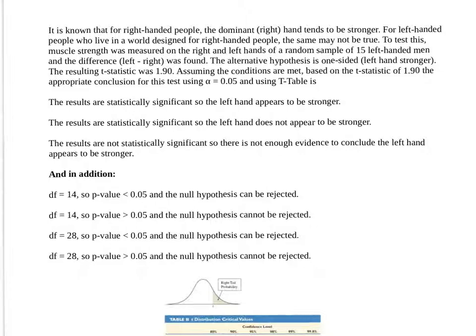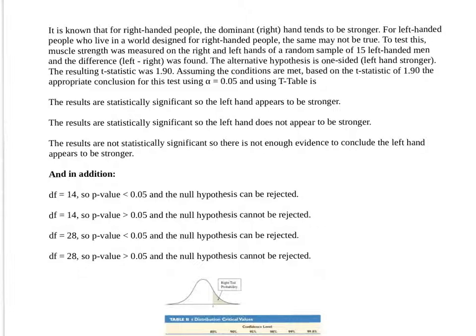Right? So, when we went to the table, using this here and this here, we found that the t-statistic we needed to surpass in order to have statistical significance was 2.145. But the t-statistic we have is 1.90, so therefore it is not statistically significant.